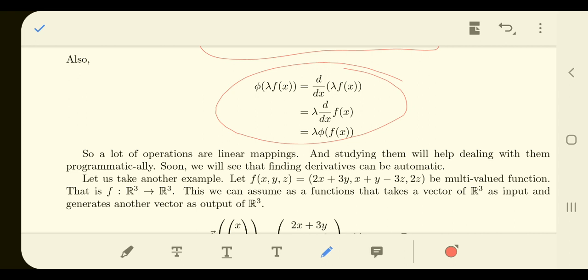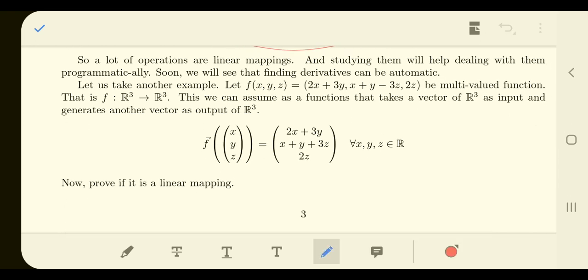Let's see another example, which is a simpler one and checks out something more concrete. For example, let us assume that this is your example, where f of x, y, z takes a vector of 3 dimensions and spits out a vector of 3 dimensions. It looks like this.